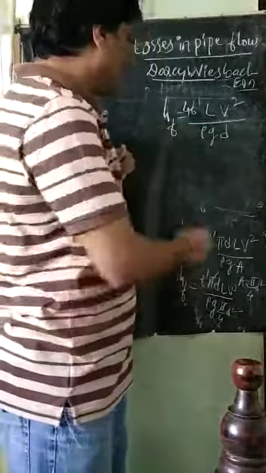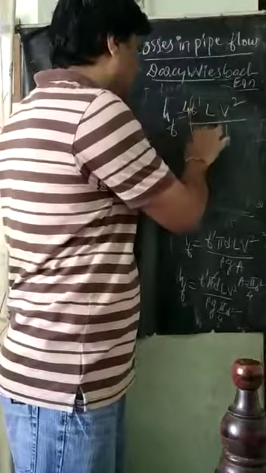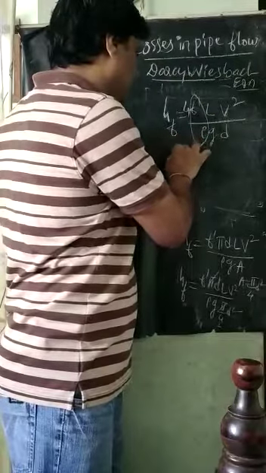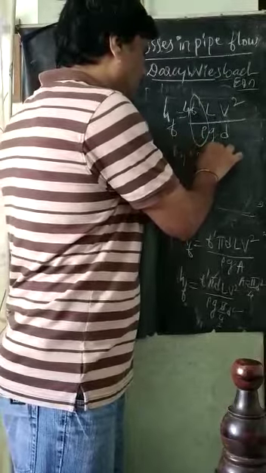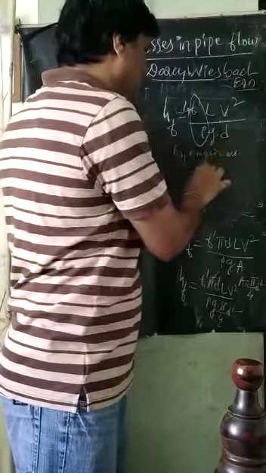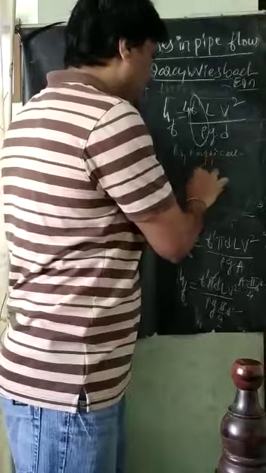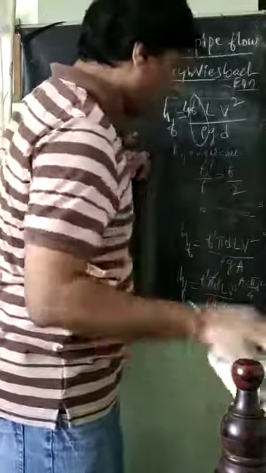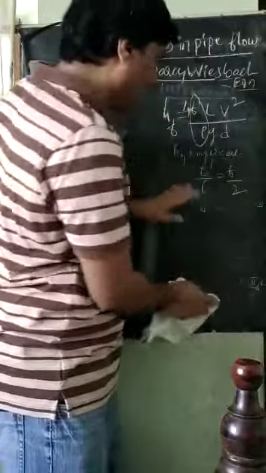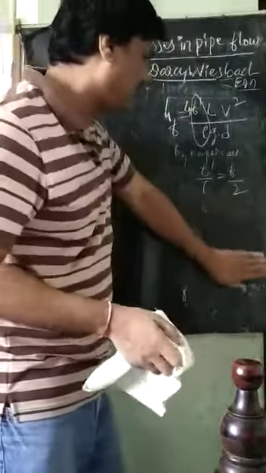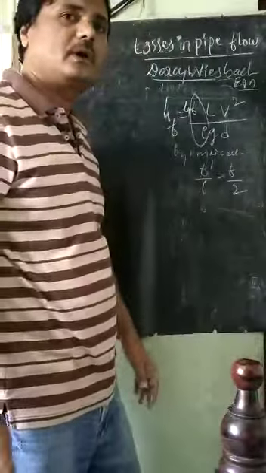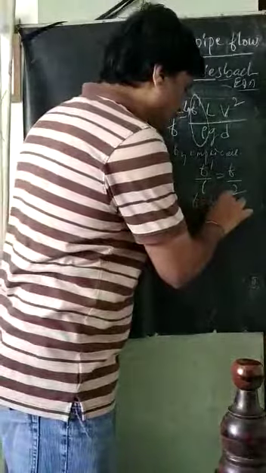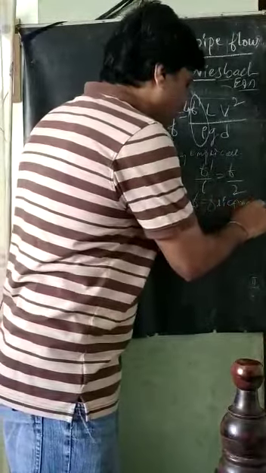One empirical point: it is found experimentally that F dash divided by rho is equal to F divided by 2, where F is the friction factor.